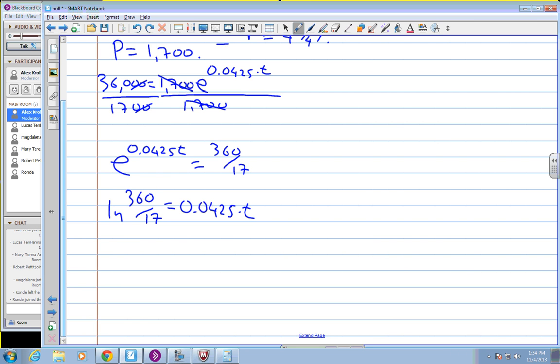So all of a sudden, that's a linear equation, because ln of 360 over 17 is a number. I can plug it into my calculator, and to solve for t, I'll just divide by that constant in front, right?